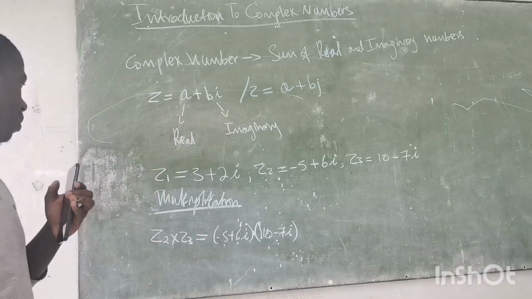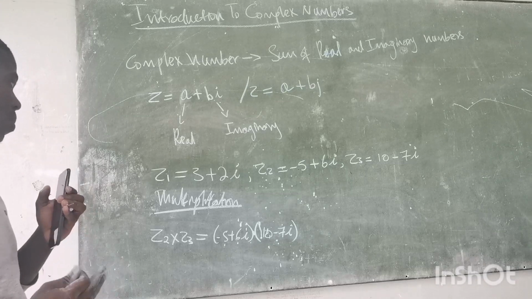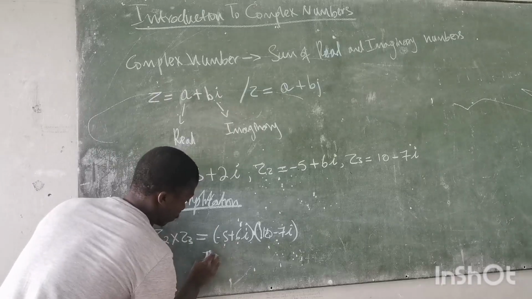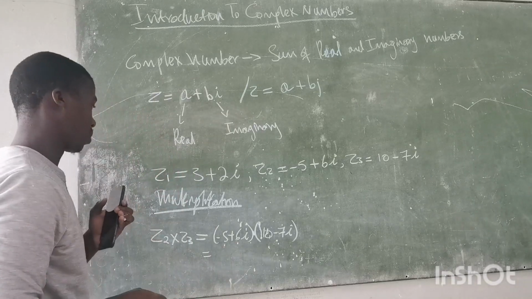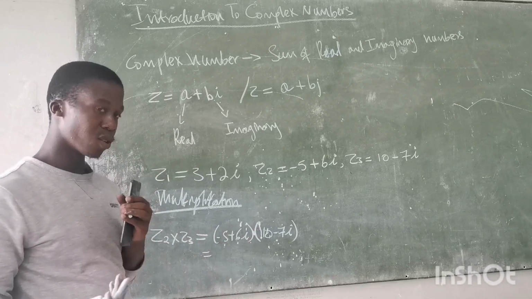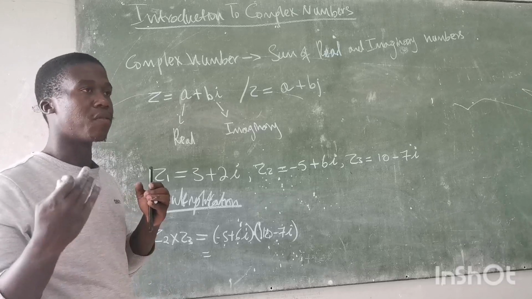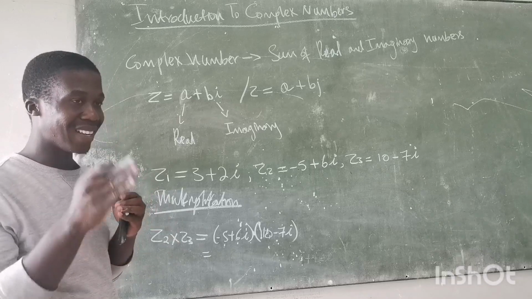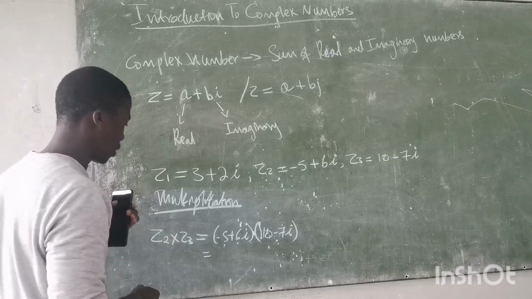Right, now let's do some multiplication. We're still going to use the same method we used earlier on, which is called the FOIL method. First term, outer term, inner term, last terms.